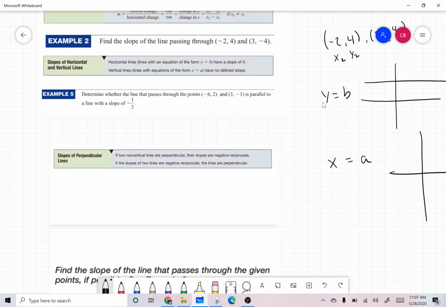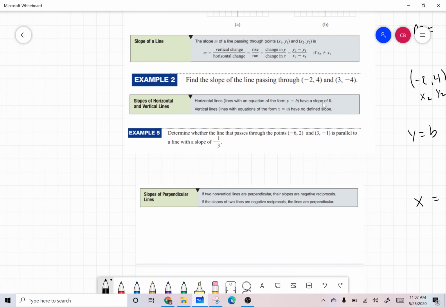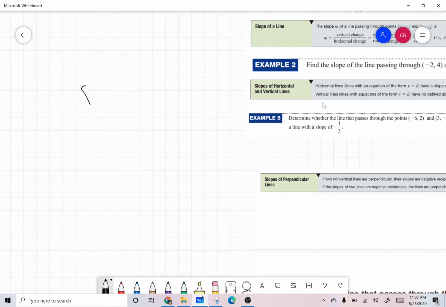Next, it says determine a line and parallel lines. So let's talk about parallel and perpendicular real quick. Parallel lines: m equals m. It's the same slope. They'll have different values for b, but they will have the same slope.